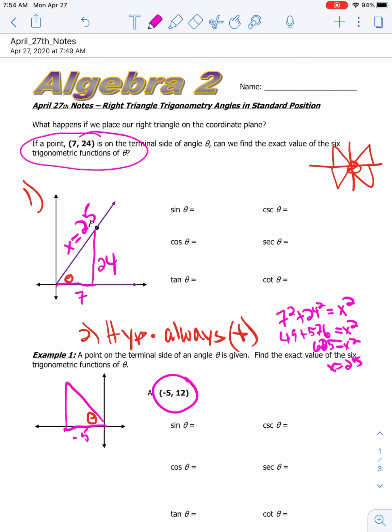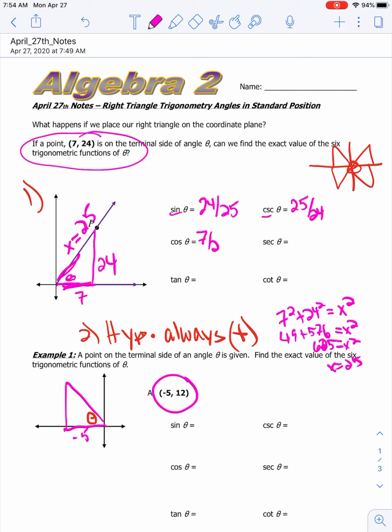Now we just do our 6 trig functions to it. Okay, so opposite over hypotenuse, there's my sine. So 24 over 25. And cosecant, because S and C go together when we have our reciprocals, flip this one over. Then we have cosine, adjacent over hypotenuse.